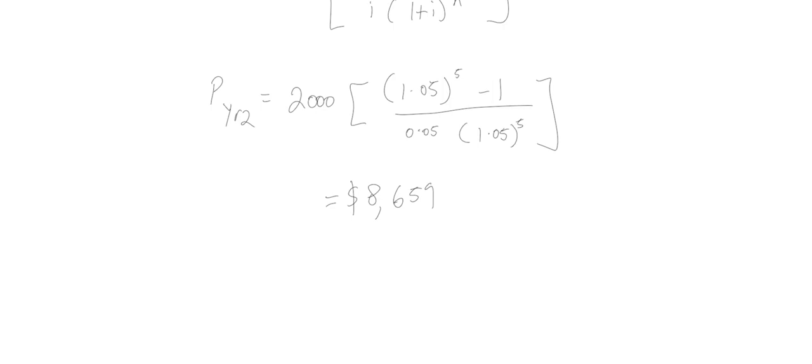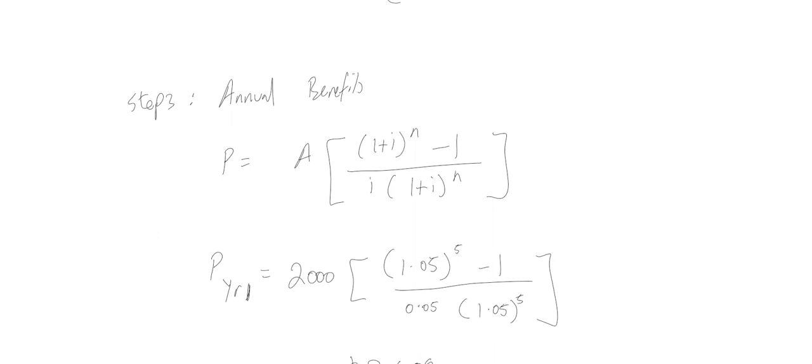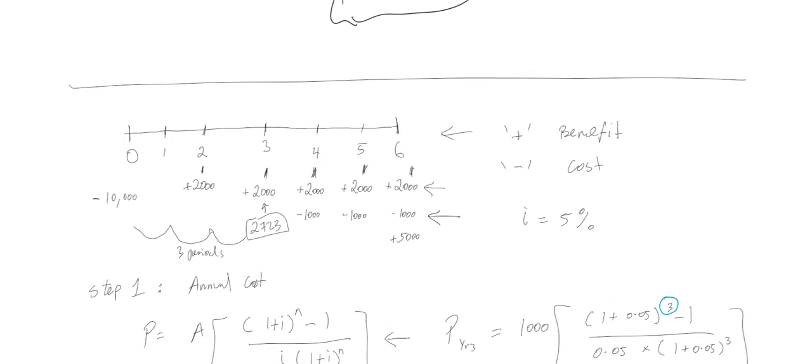Now remember, that's equal to year 1. Why is it equal to year 1? Going back to our timeline, the first payment actually starts at period 2, not period 3. And because it starts at period 2, the equation is going to take you back one period less. So it's going to give you the discounted amount at period 1.